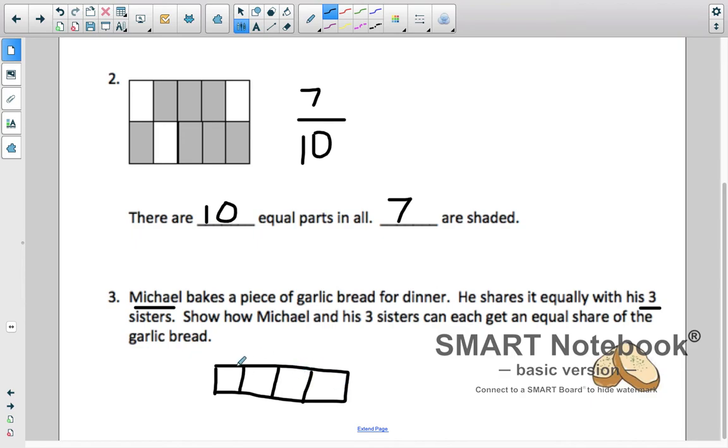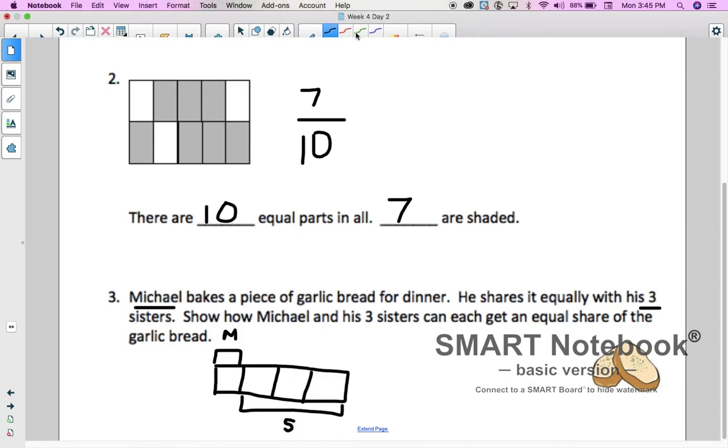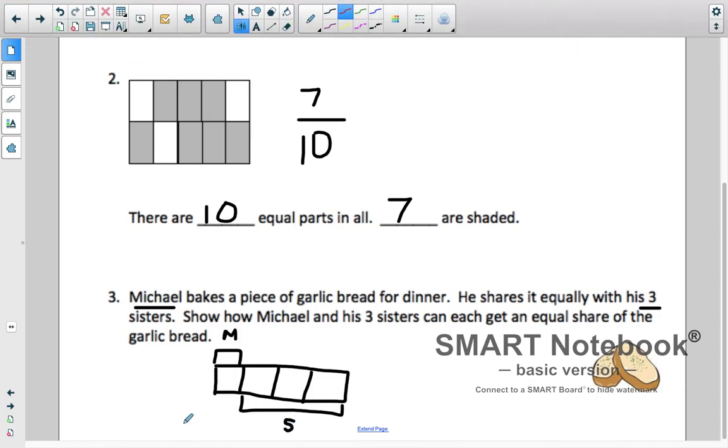So here's Michael's piece. I'm going to put M for Michael. And here are his 3 sisters. I'm going to put S for sisters. So now what's the fraction that each person is going to get of garlic bread? Michael gets how many pieces? He gets 1 piece. And how many pieces are they splitting the garlic bread into? 4.